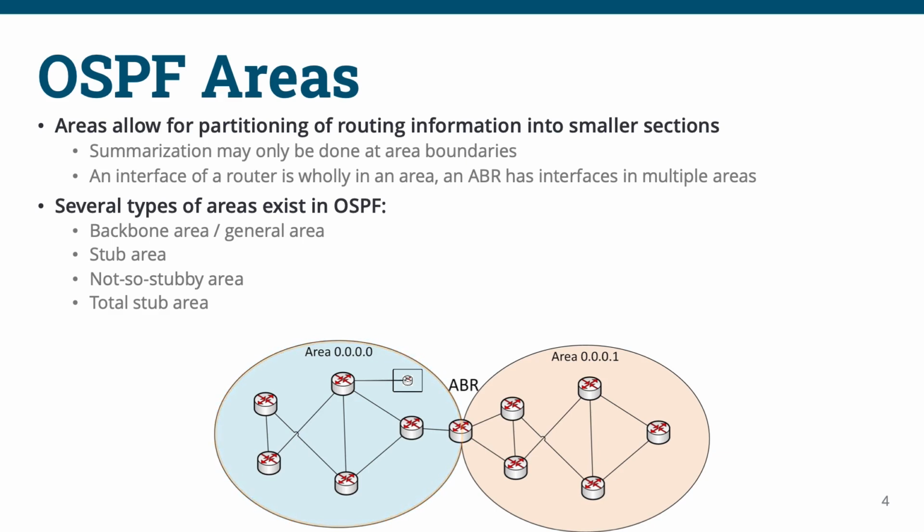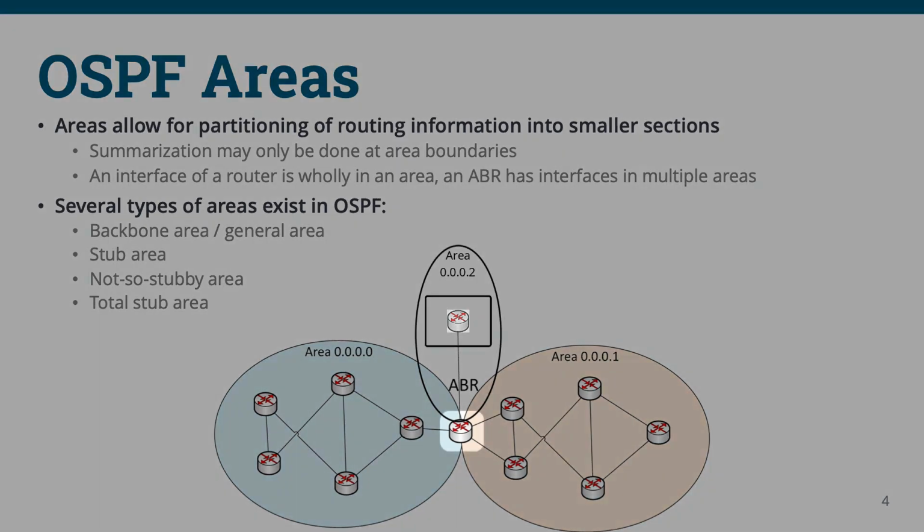With OSPF, route summarization may only occur at area boundaries. This allows us to maintain the rule that all routers within an OSPF area maintain an identical LSDB to all other routers within the same area. For OSPF, as opposed to ISIS, as we'll discuss in a later section, an interface is wholly in an area.